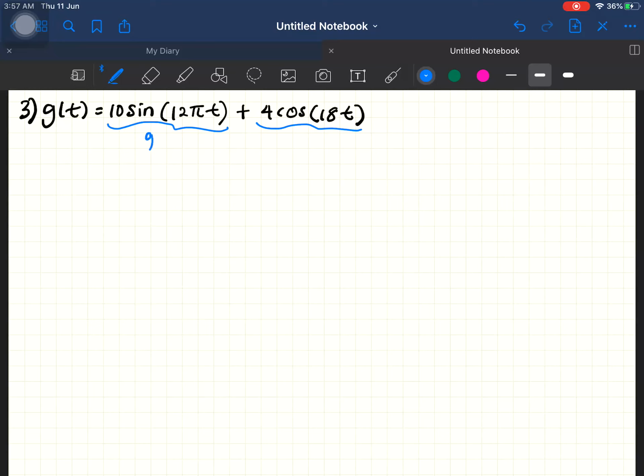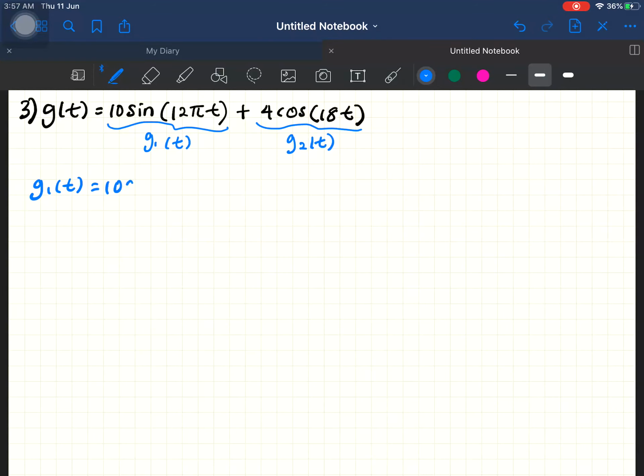Okay, so in this case we have g1(t) again and g2(t), and this equation is actually very similar to the previous equation, except that for the cosine function we don't have pi over here. Okay, so again, let's solve this one function at a time.